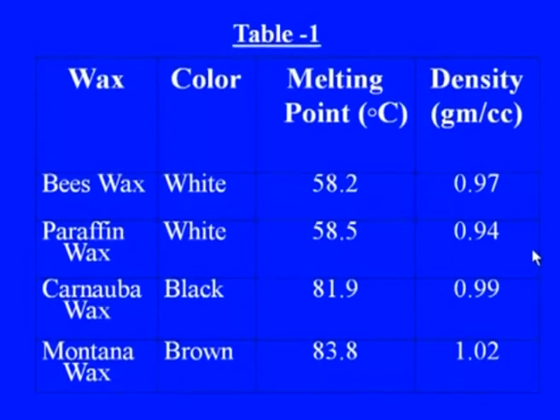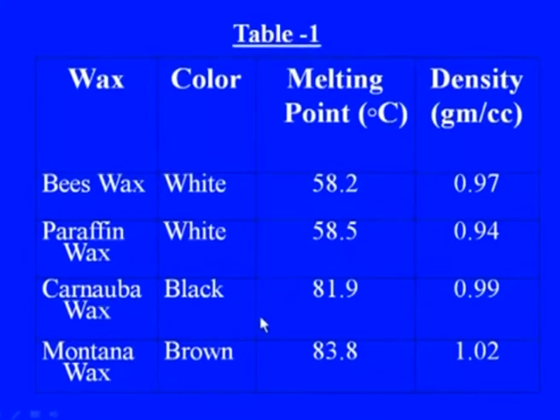Then carnauba wax appears black, and has a much higher melting point in comparison to the previous two waxes, beeswax and paraffin wax. This is 81.9 degrees Celsius, and density-wise also it is slightly more, standing at 0.99 gram per cubic centimeter.